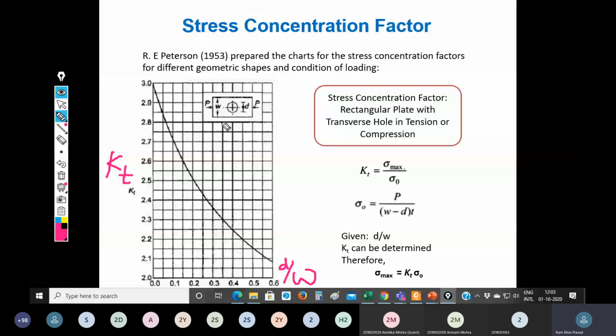So this is a finite plate, and there is a circular hole at the center. The diameter of the circular hole is d, and the width of the plate is w, and it is loaded by a load p, right? For such a special case, this graph is plotted.